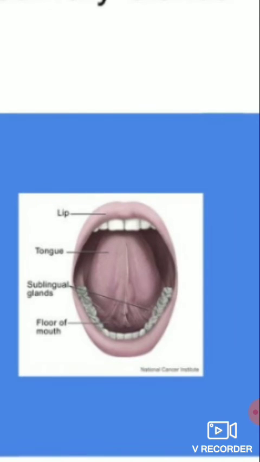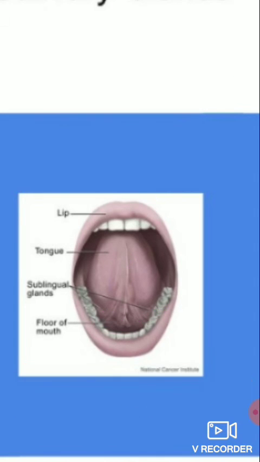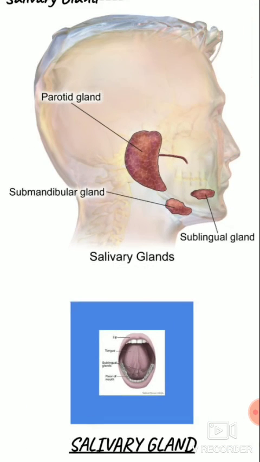As you can see here, this is the mouth floor. Many tiny salivary glands are present here. Even in our lip and even in our tongue, there are small salivary glands present. So that is how digestion takes place in the mouth.